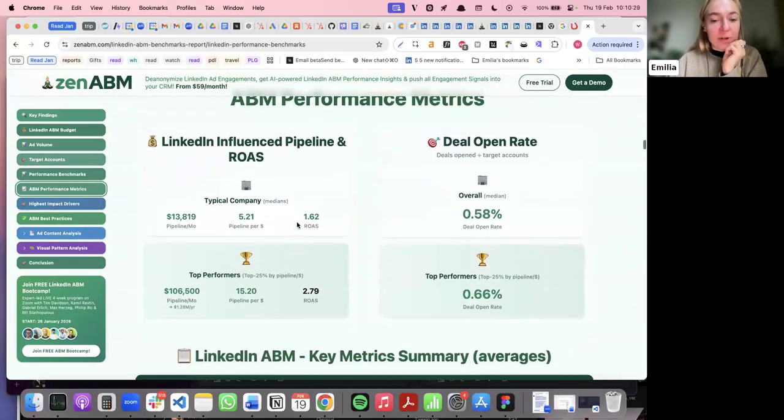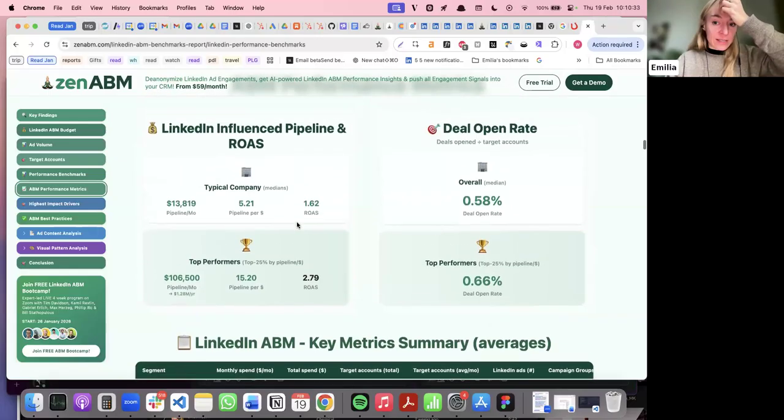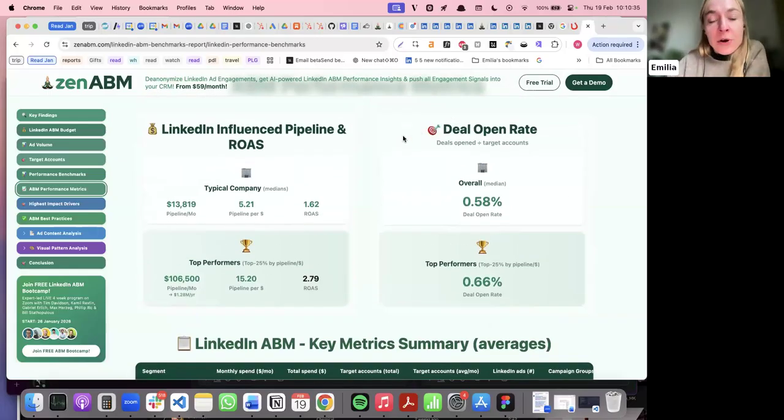Specific performance metrics, for instance, a very interesting one is deal open rate. From the users that were using our platform, on average from all the companies they were targeting, what was the percentage of companies that they were able to open deals with that were attributed to their ABM campaigns? And this is it.